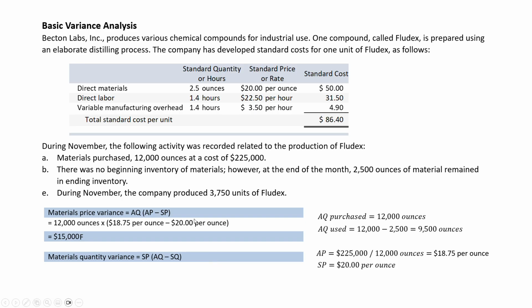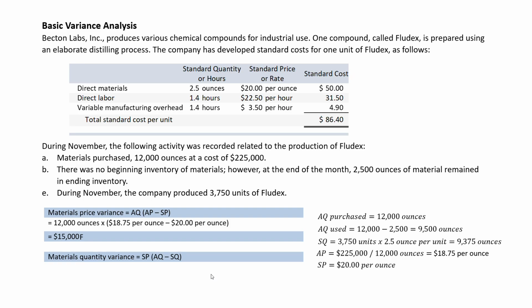How do I figure that out? If I didn't start with any inventory, I bought 12,000 ounces, and I subtract out the amount of inventory we had on hand, 2,500, we back into the fact that we must have used 9,500 ounces. So that's what we want to use for the material quantity variance, the amount used, not the amount purchased. The only additional thing that I need is the standard quantity, which hasn't been calculated for us.